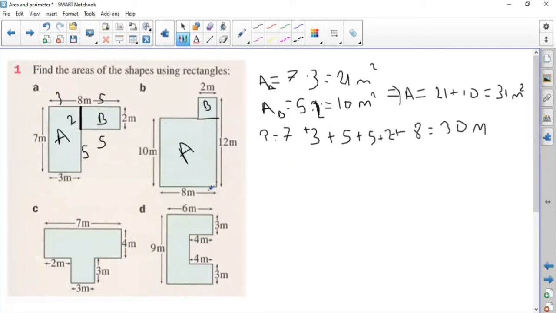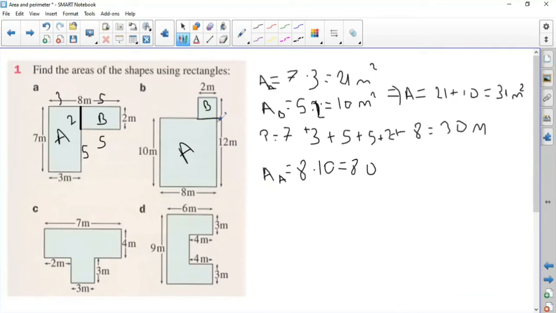So the area of A is 10 times 8, length times width, which is 80 meters squared.